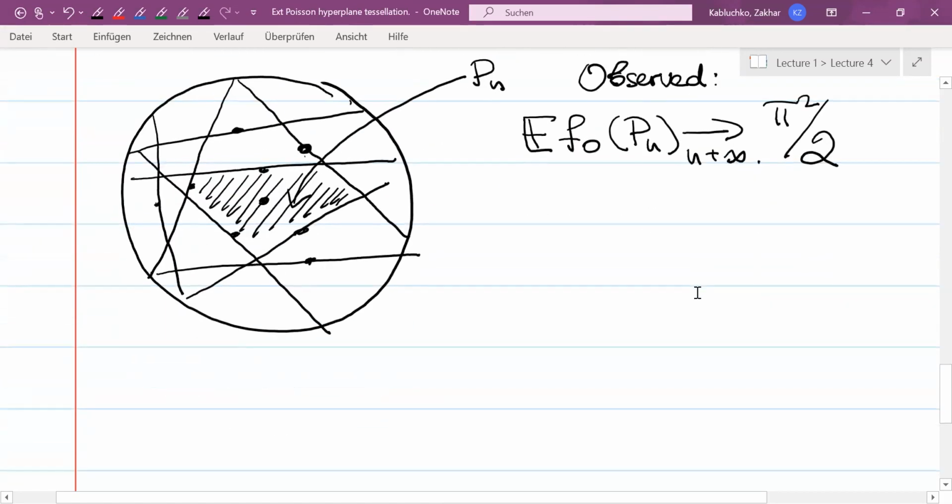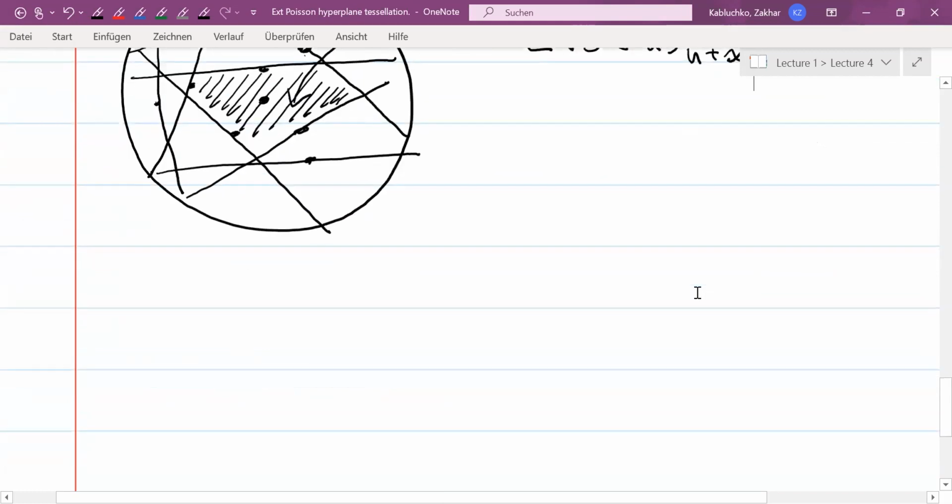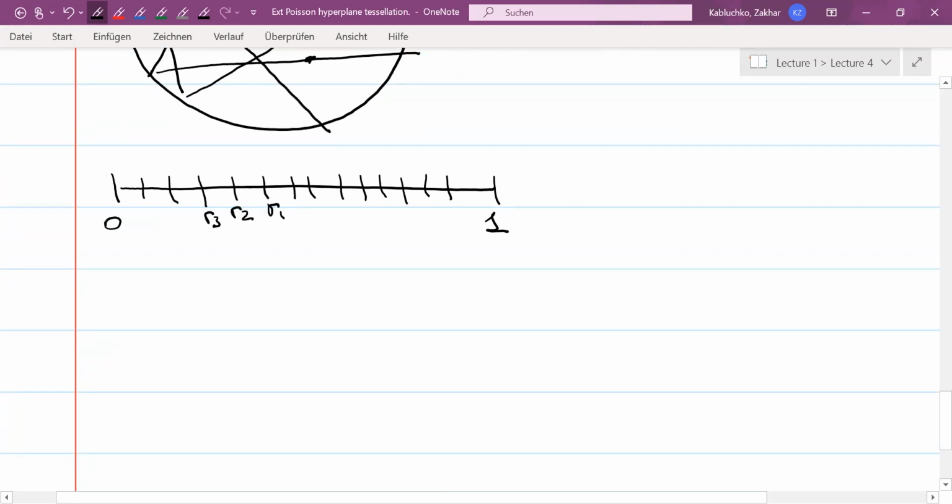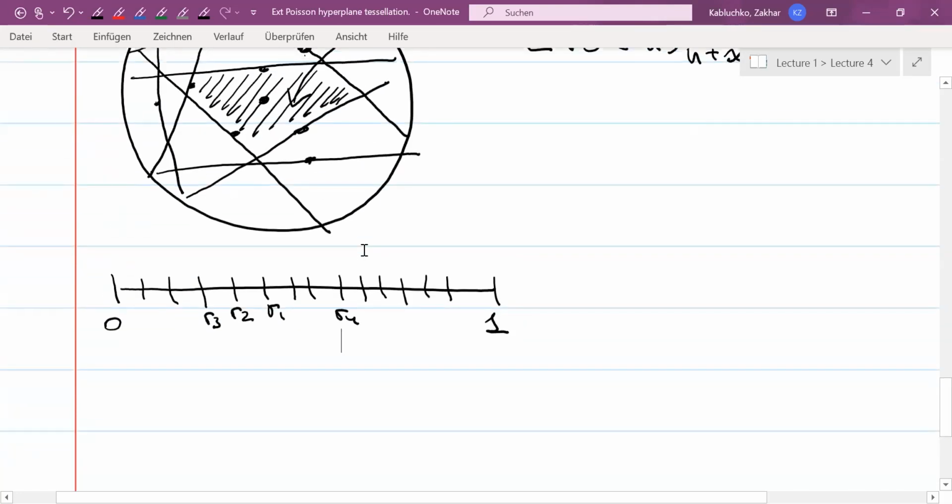Now, what is the relation of this model to the Poisson zero cell? It's easy to see. Let us look at the distances. They are all uniform in the interval 0, 1. So we have n points in the interval 0, 1, R1, R2, R3, R4, and so on, the distances. And now we can form the order statistics.